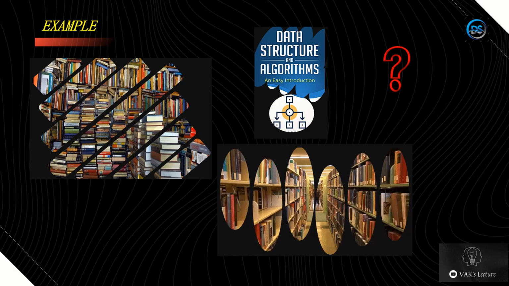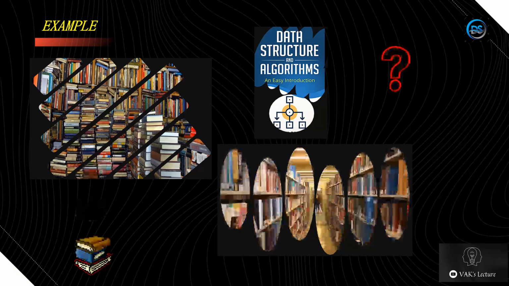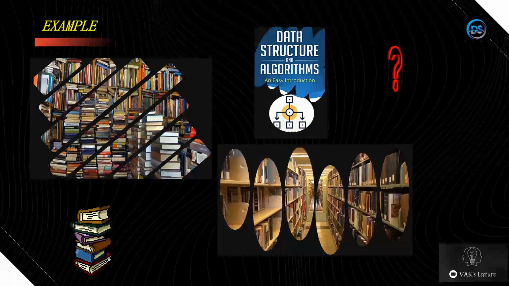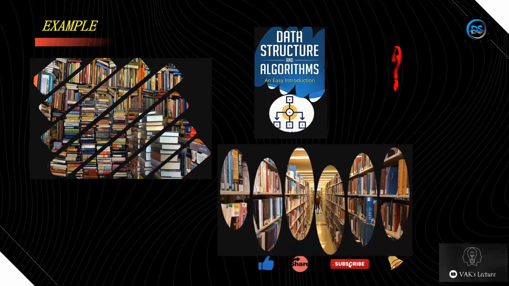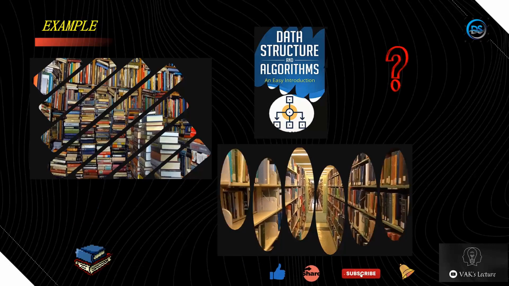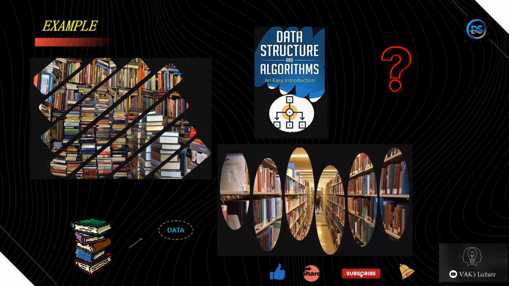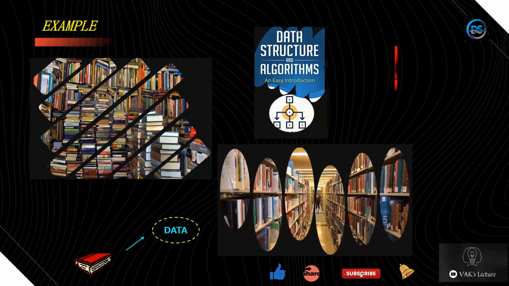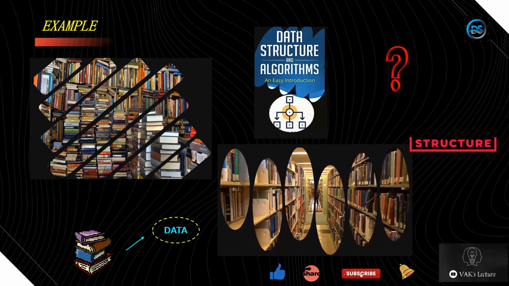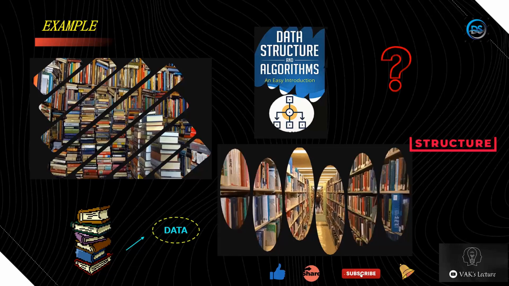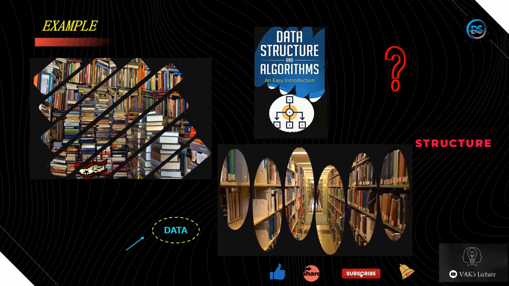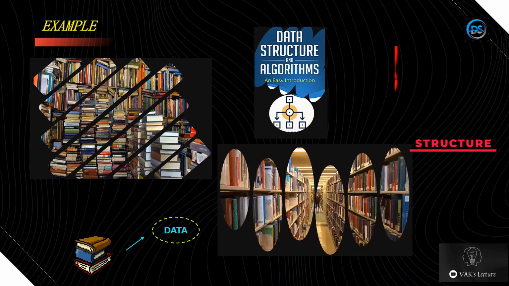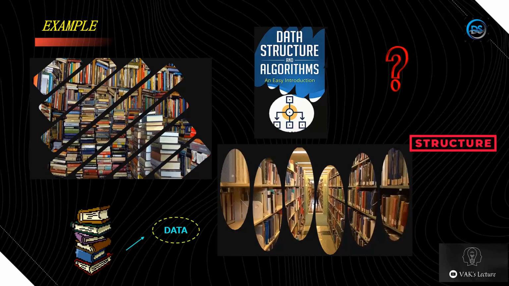That's why the librarian divides all the subject books into different sections so that you can easily access the book. What are the books here? They are the data. What did we do with the books? We provided a structure and storage to them. Now its organization and management will also take place so that we can read those books in the future.